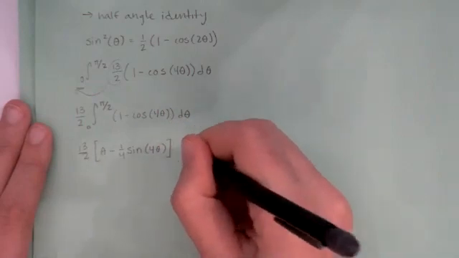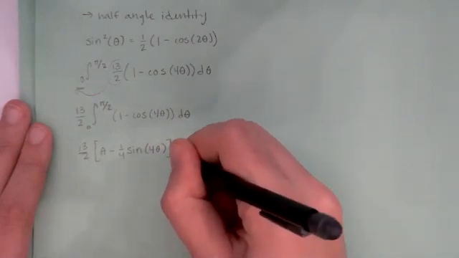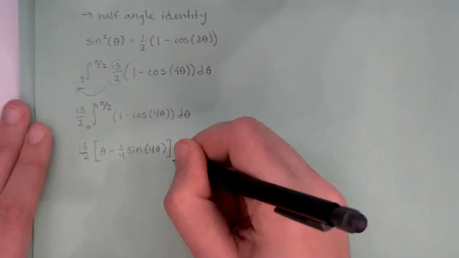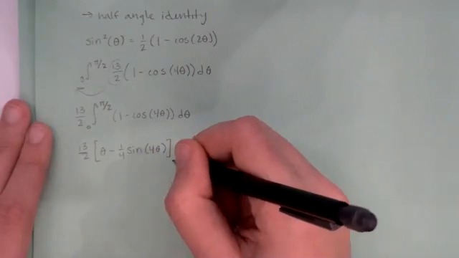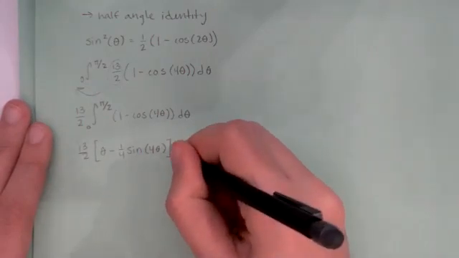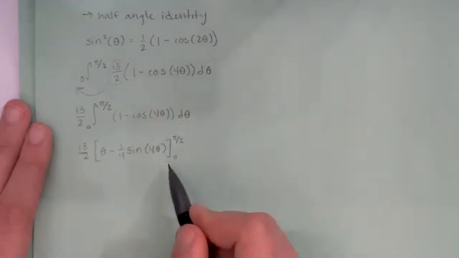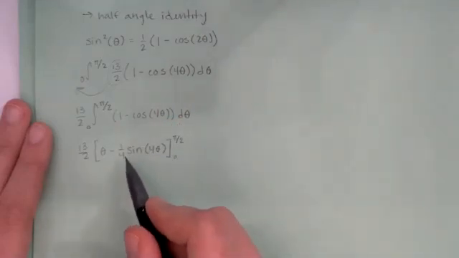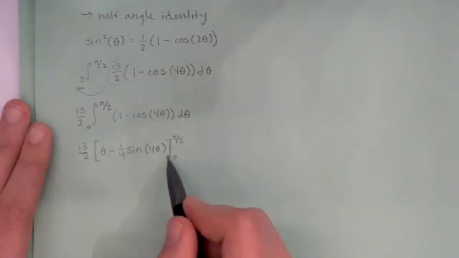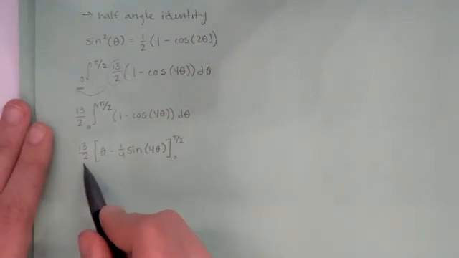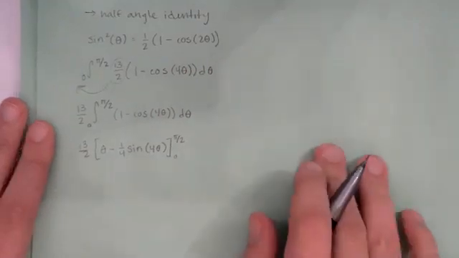And that part of the integral is the result of the integral. So the result of the integral, that's going to go from 0 to pi over 2. And I would plug this in. I would evaluate with your bounds before you multiply by this 13 halves.